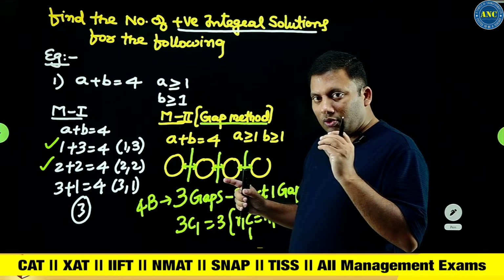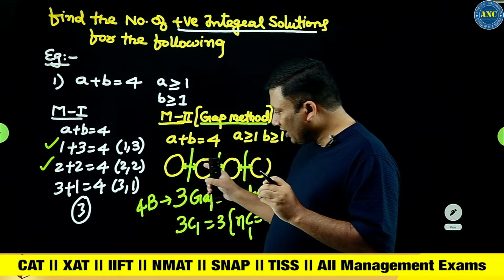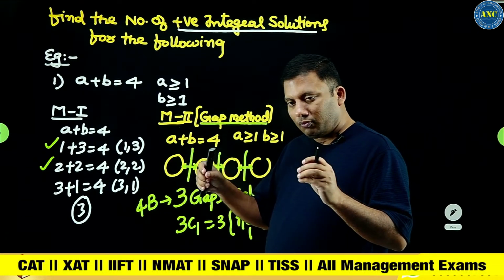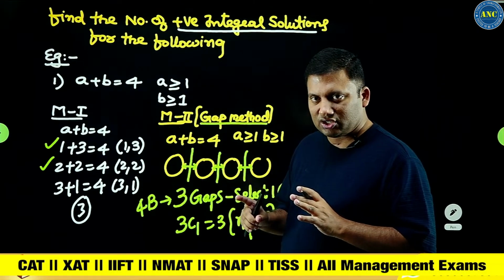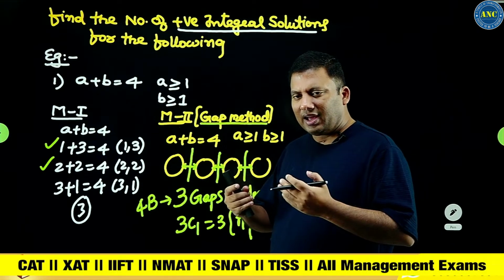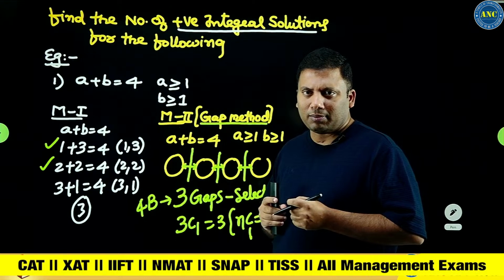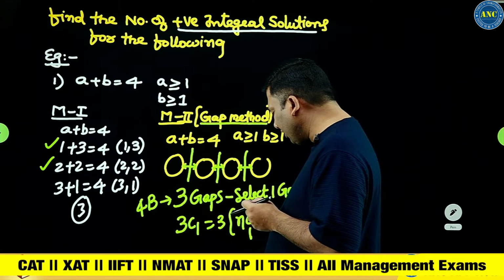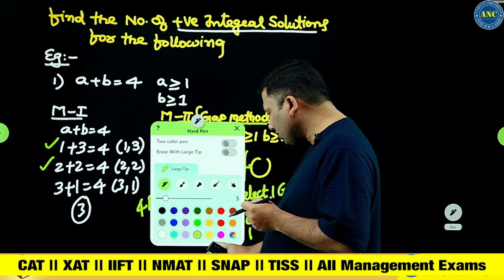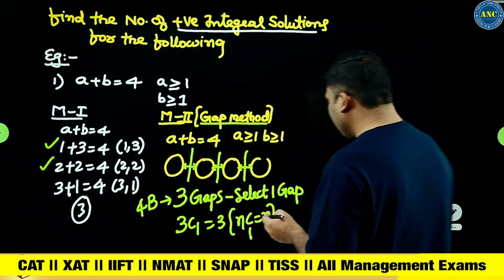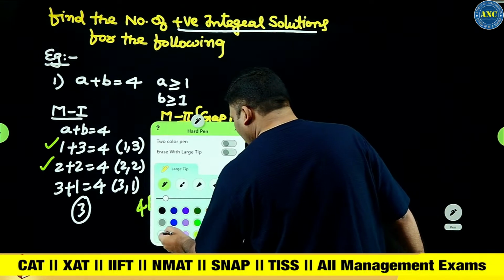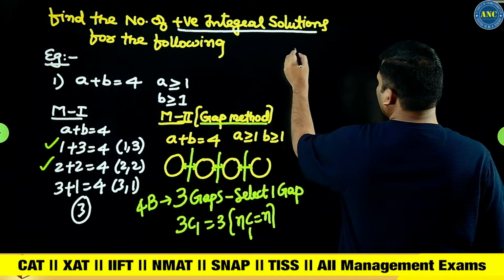Selecting any one gap satisfies both buckets' conditions. Are you all with me? Familiarity comes with practice: the more problems you solve, the more confidence you will get. First example is clear, right? Second, more examples we will do.